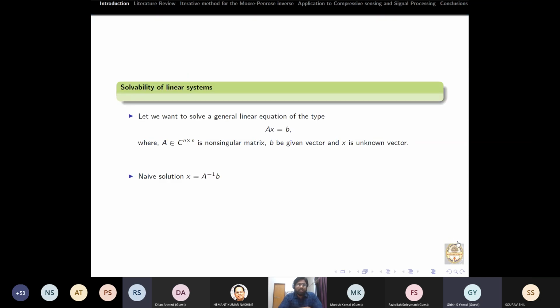Okay. So coming to why we need generalized inverse. Before that, we are familiar with this particular problem, solving a system of linear equations, Ax equal to b.